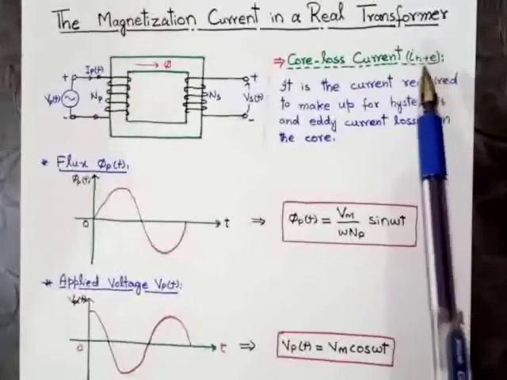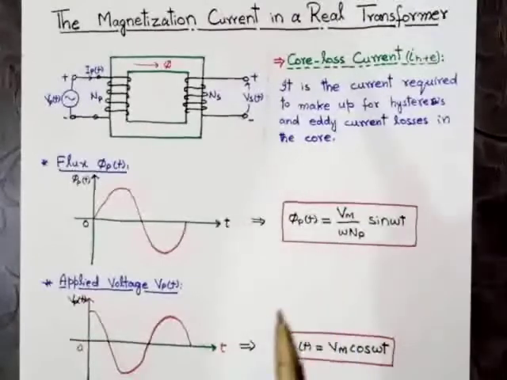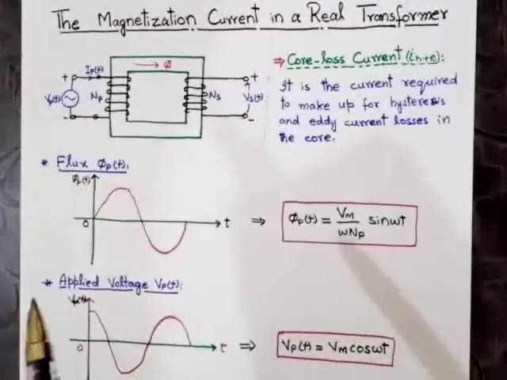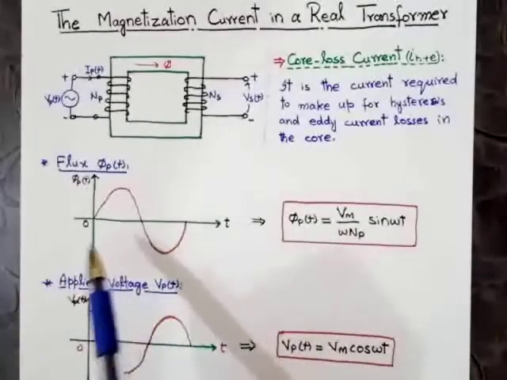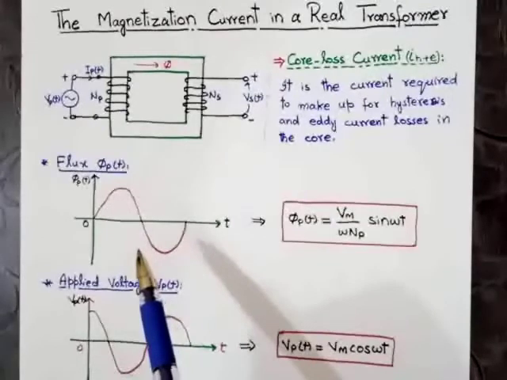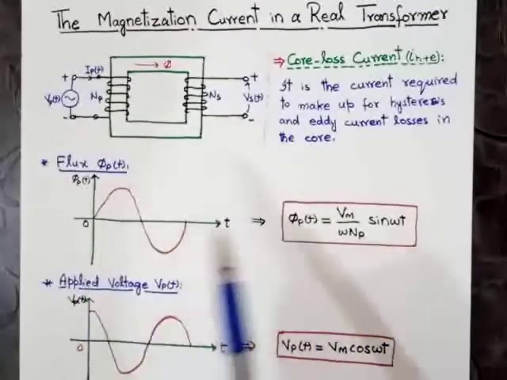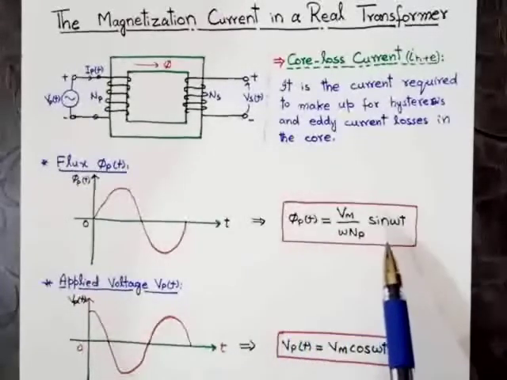Now, as we have already discussed, the waveform due to primary flux is in sinusoidal form. When the time is 0, the average flux due to the primary circuit will be 0.